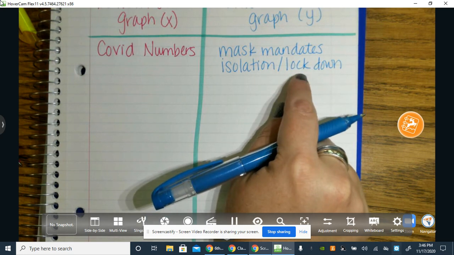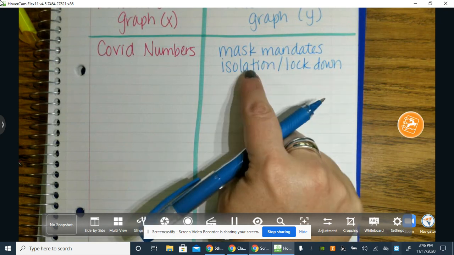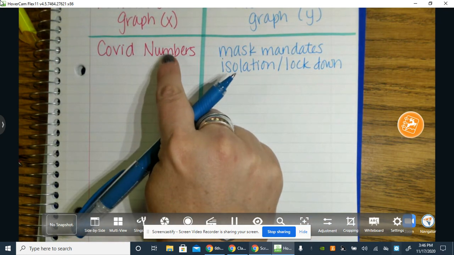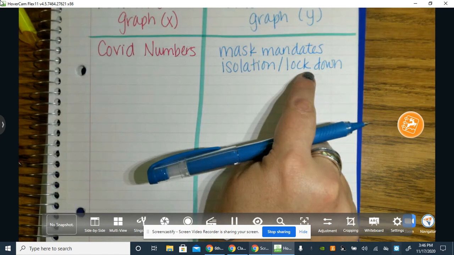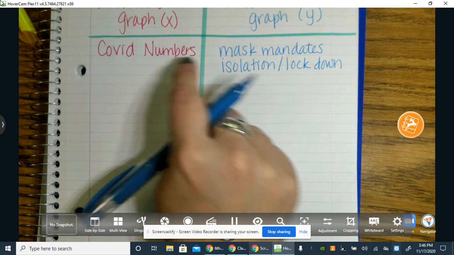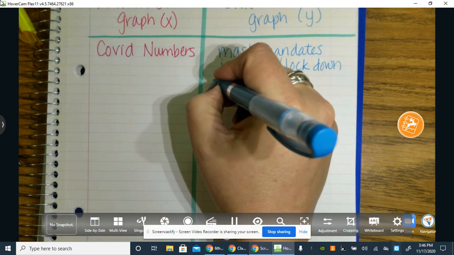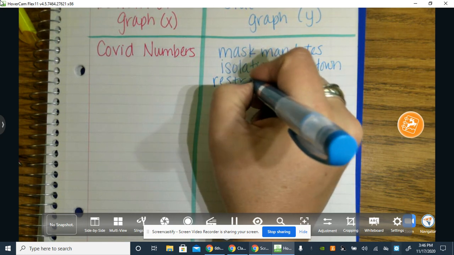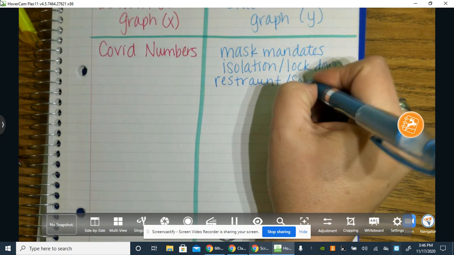Maybe a stay at home order would have been nicer to write. But COVID numbers tell you if you're going to have isolation or the city's going to be locked down or not. Another thing that happened because COVID numbers increased is you had restaurant and salon closures.